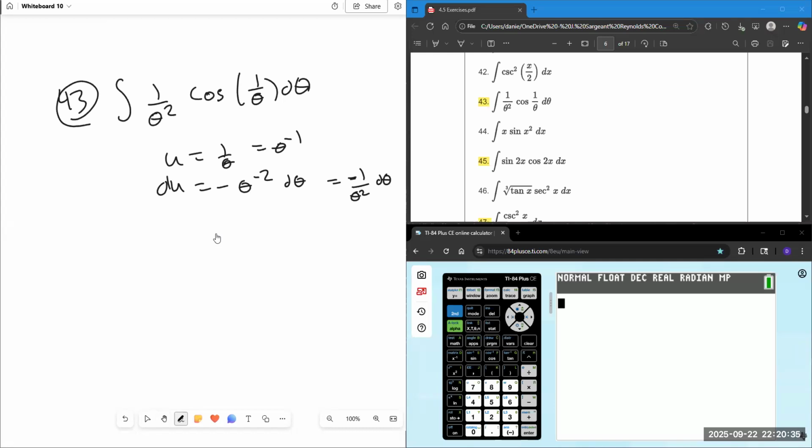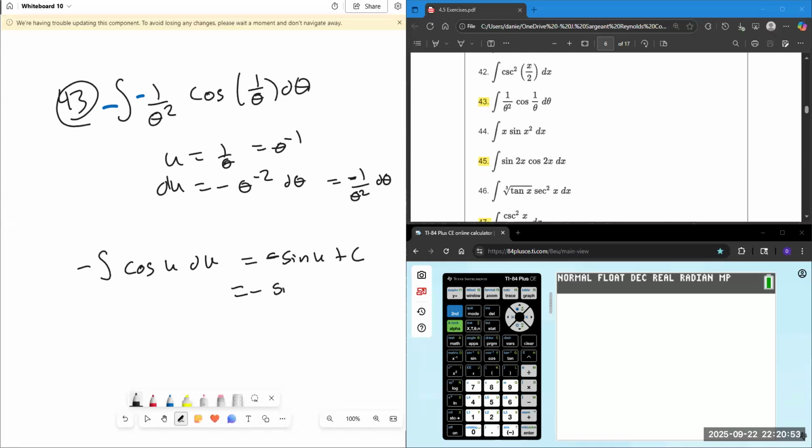So I need a negative 1 over theta squared d theta. This will be a negative integral of cosine u du, which is a negative sine of u plus c. It's a negative sine of 1 over theta plus c.